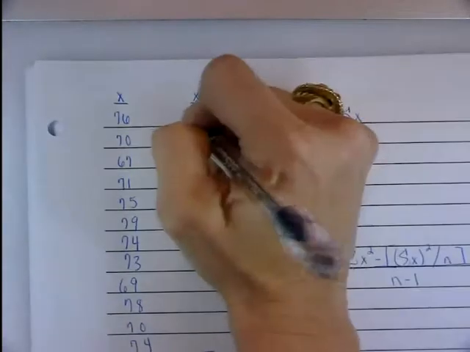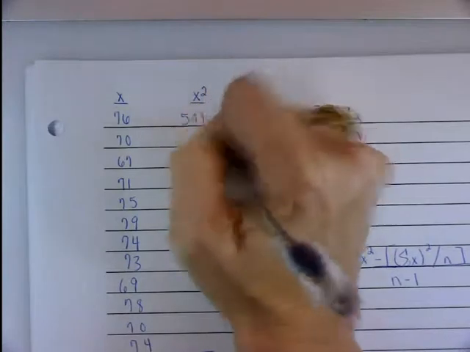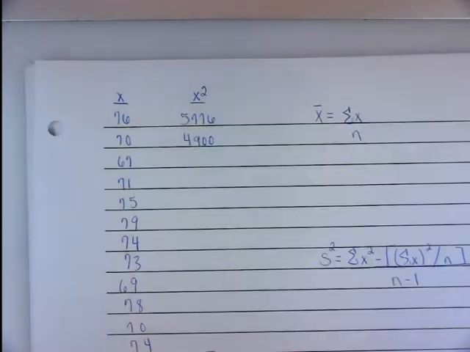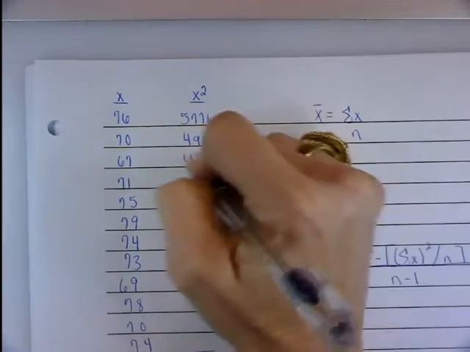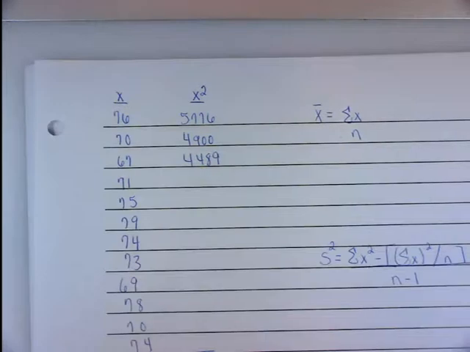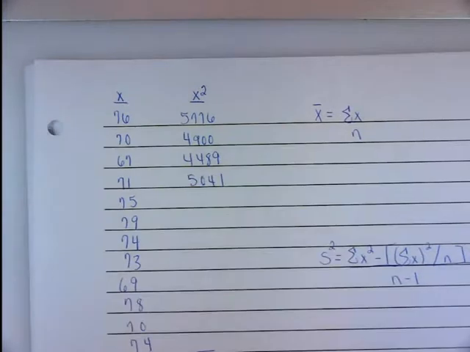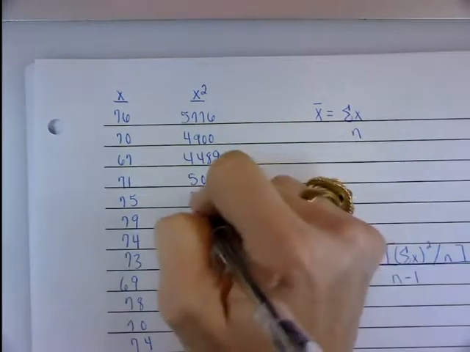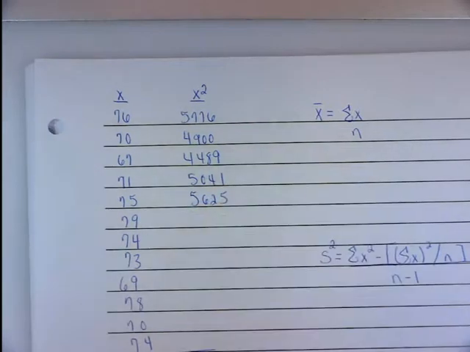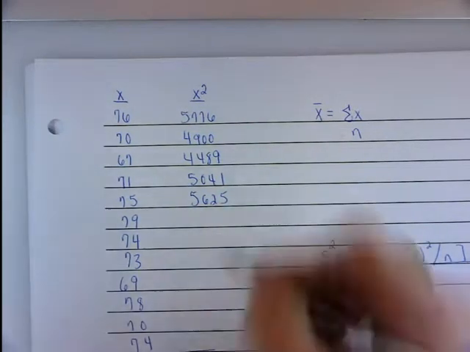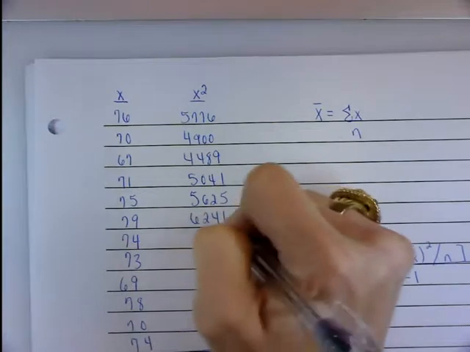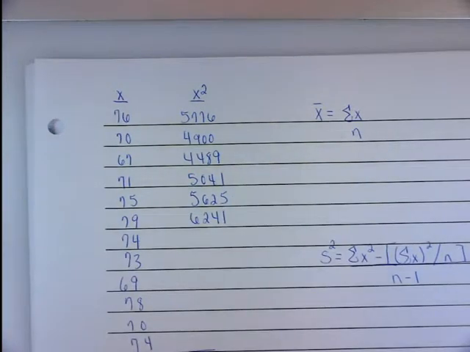So in this column, I'm going to list these. 5776, 4900. 67 squared is 4489. 71 squared is 5041. 75 squared, 5625. 79 squared, 6241.